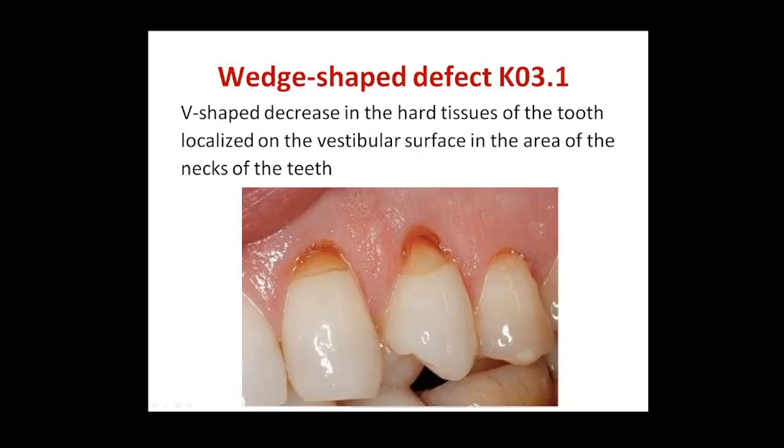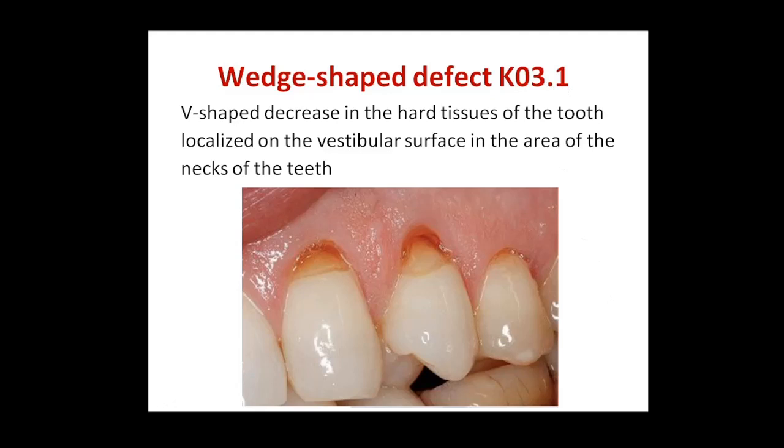Next disease is called wedge-shaped defect, and according to the International Classification of Disease, it is called abrasion of teeth and has code K03.1.